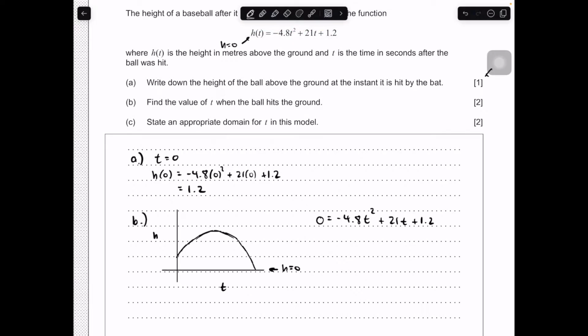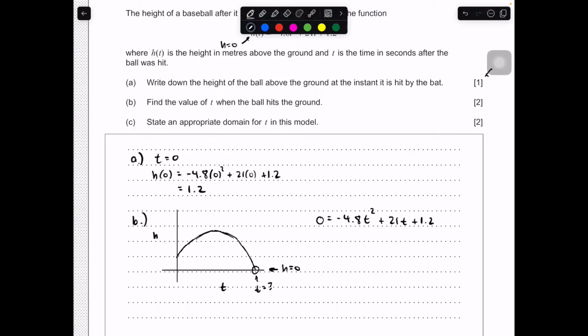But nSolve, remember, will find the value that is closest to 0. So in this case, it might give you a value of like negative 0.6 or something like that, which wouldn't make sense. In this case, we're looking for the point after the ball is hit. What is this point? t equals what?